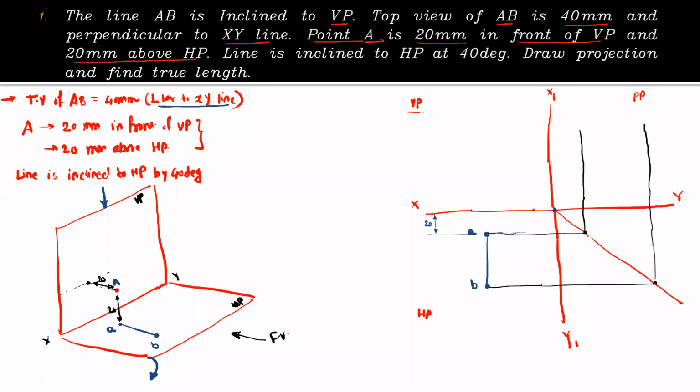Somewhere on this line, you will get the position of point A dash, that is the actual front view of the point A. Similarly, you can draw on the vertical plane one horizontal line at 20 mm distance with respect to the XY line. So take the distance 20 mm and draw one horizontal line. And extend this horizontal line in the side view.